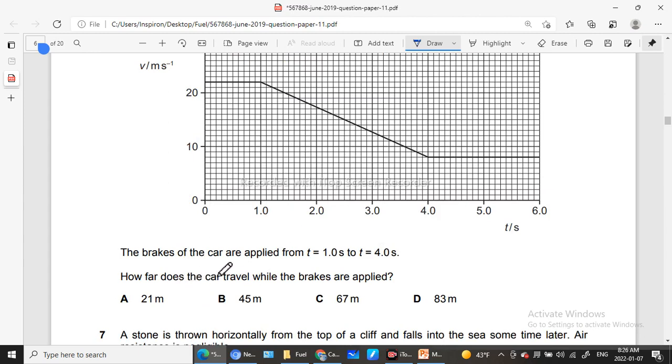The brakes of the car are applied from t equals 1.0 second to t equals 4.0 second. How far does the car travel while the brakes are applied? This distance can be calculated from the area under the curve.